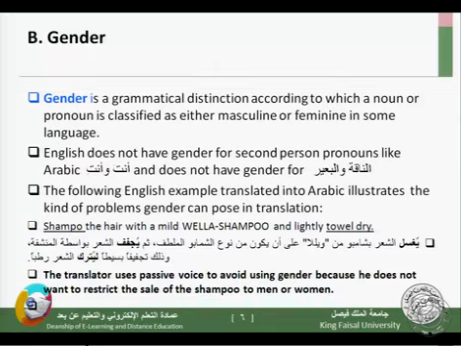What did you notice? Huh? You notice that even in Arabic he avoided using the gender. Why? Because he doesn't want to exclude men from buying this shampoo. Because if he translated it as اغسلي شعرك or اغسل شعرك, huh?